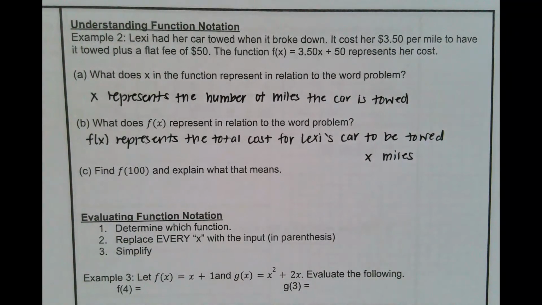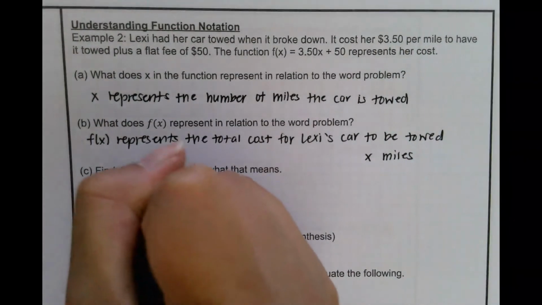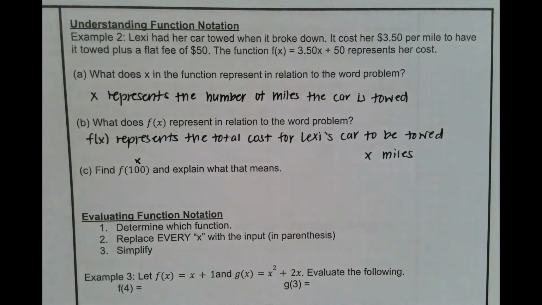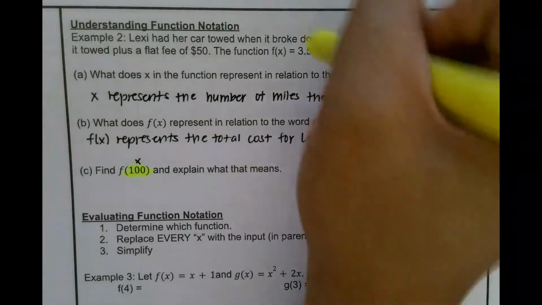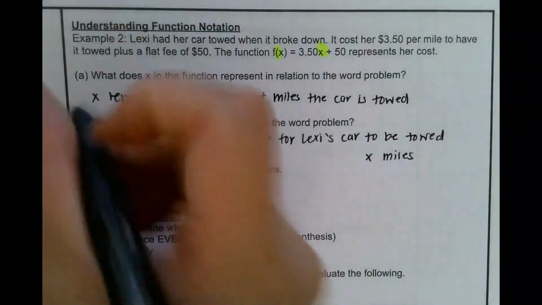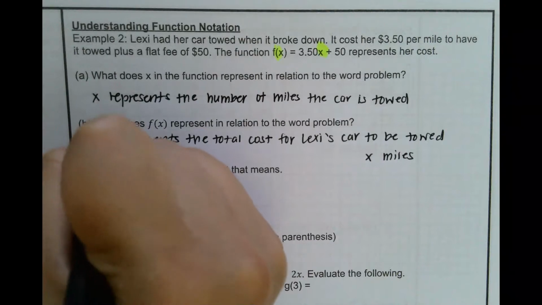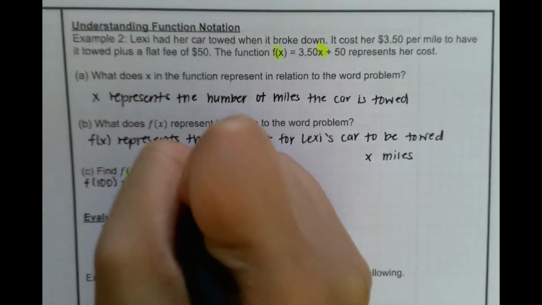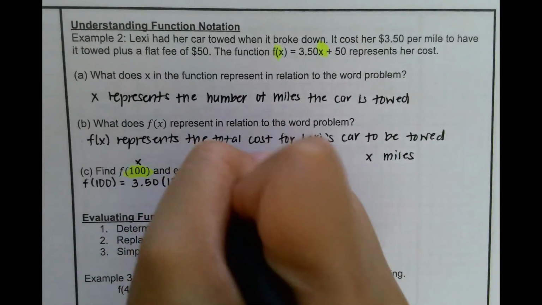Now we're going to find f of 100. All I'm going to do is take this 100, which replaces my x, and plug it in where I see x. So f of 100 equals 3.50 times 100 plus 50.